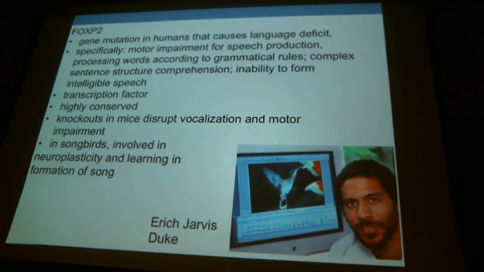He found that FOXP2 is found in birds, and it's found at particular times when birds are learning song, so it's implicated in neuroplasticity, and particularly in vocal learners, less so in non-vocal learning species. So it's a really interesting story there.